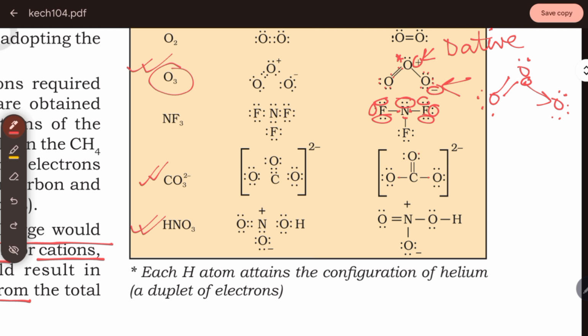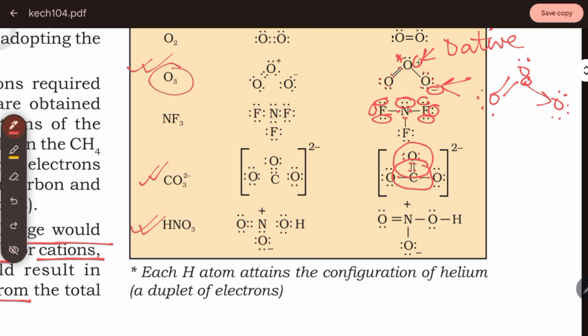Actually see this oxygen, 1, 2, 3, 4, 5, 6. It gets 2 from carbon for getting octet. Carbon gets 1, 2, 3, 4. This is 5, 6, 7 and 8. Okay, so this is the octet for carbon and this is the octet for this oxygen.